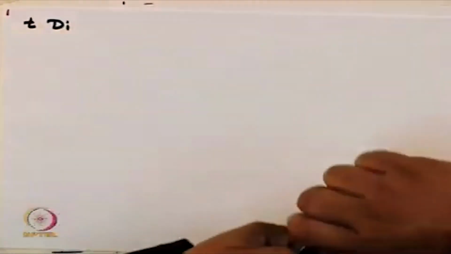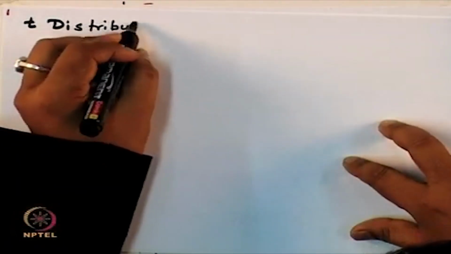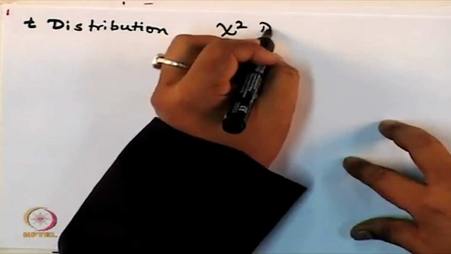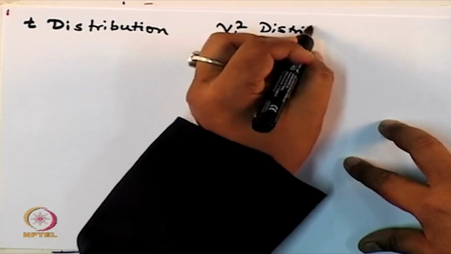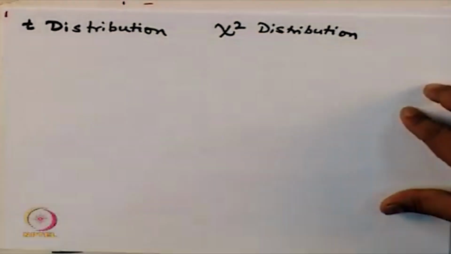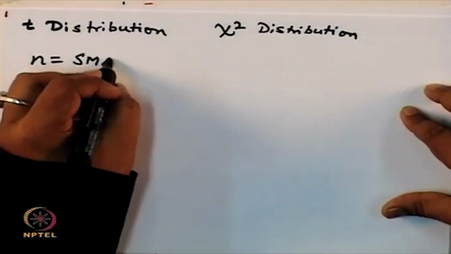So, in the last two lectures we had briefly discussed two distributions: the t distribution and the chi-square distribution. The t test is used when n is small.